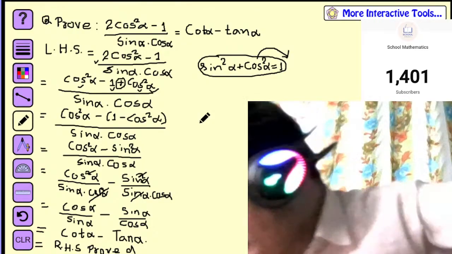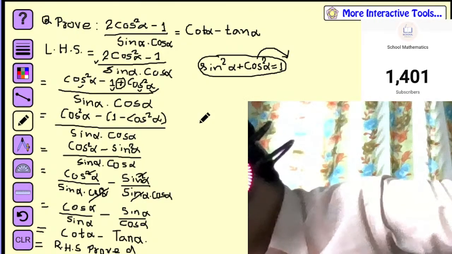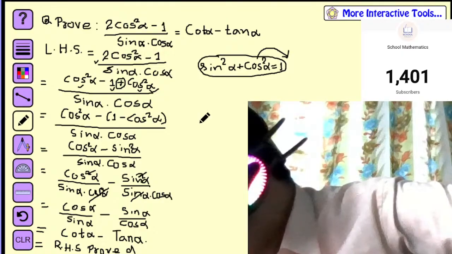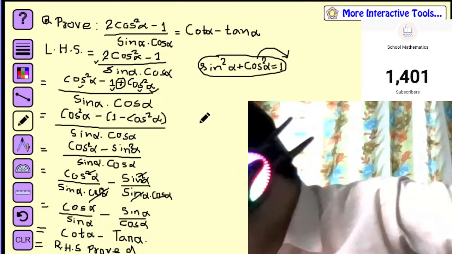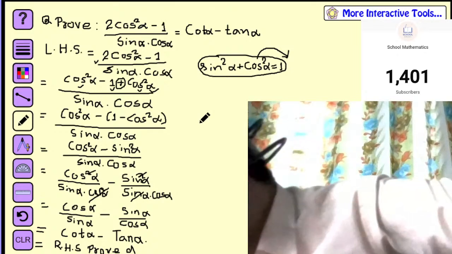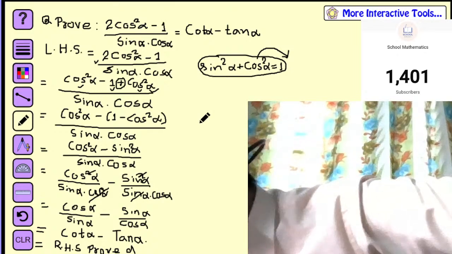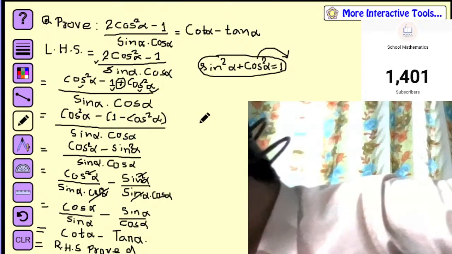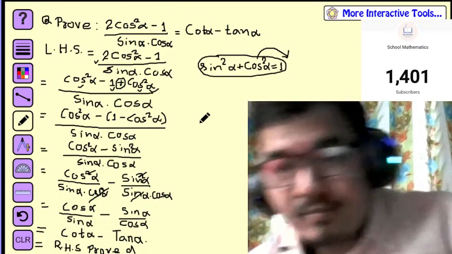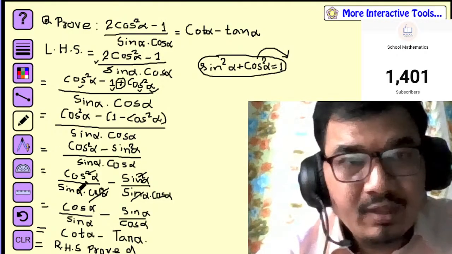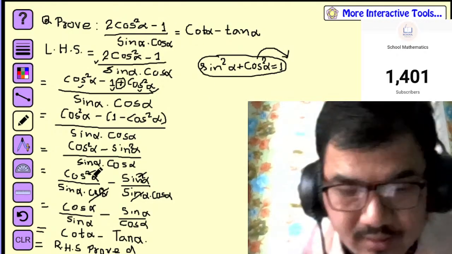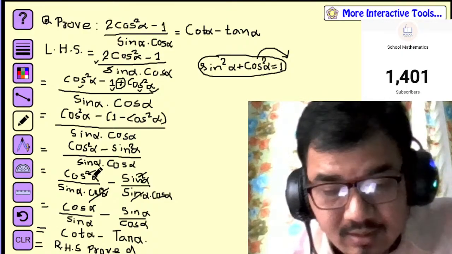Now I want to say here, next question. If the question is given in this form, look here. Look, I want to clear this one, okay? I hope you understood this and you can solve this easily.